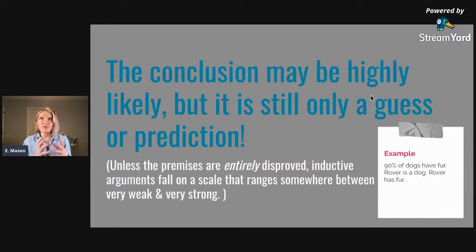If it's a statement, the guesswork has to be taken out if you don't have the full support in there. Unless the premises are entirely disproved, inductive arguments can fall on a scale that ranges somewhere between a very weak and a very strong argument.